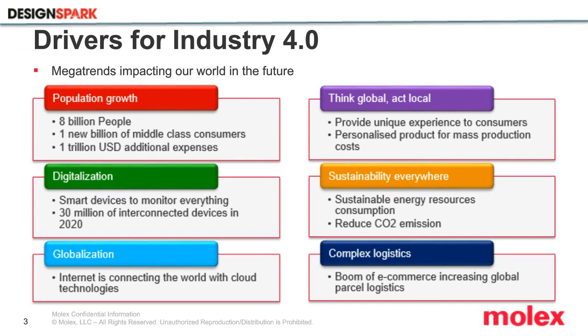So let's start with the question, why are we speaking about an Industry 4.0? There are some megatrends that are currently changing our world, our daily life, and that will impact the way we will need to produce in the future. First, the population is growing fast, and a lot of new consumers join the middle class, requiring a lot of new products.